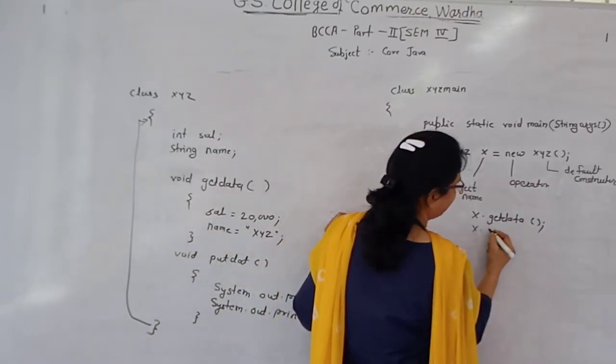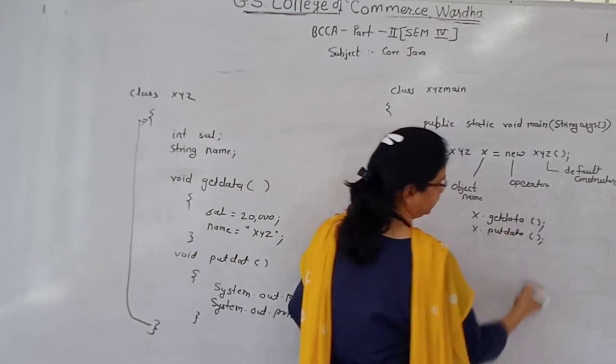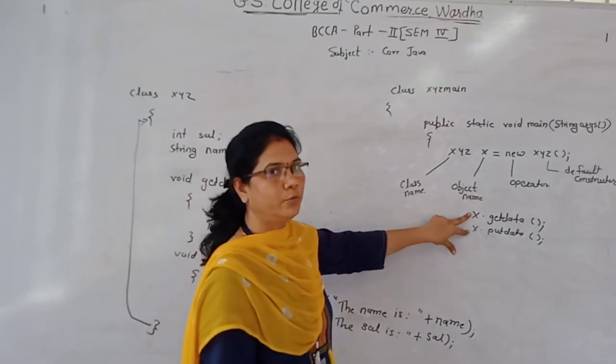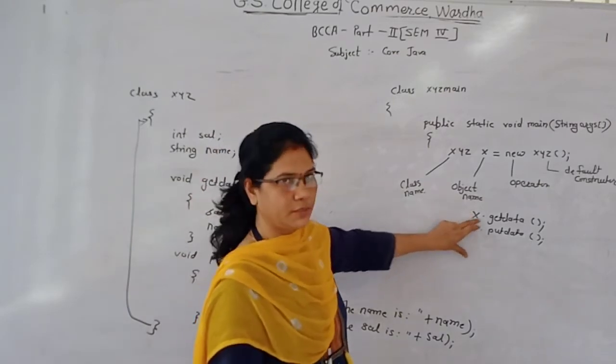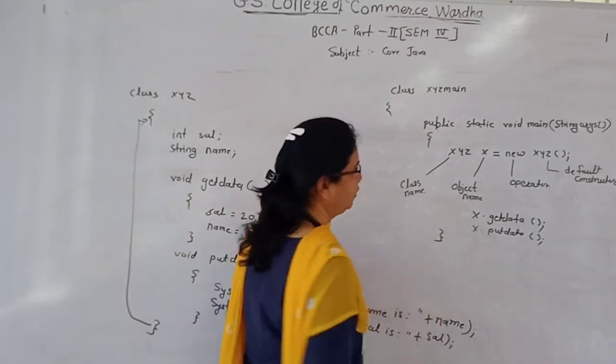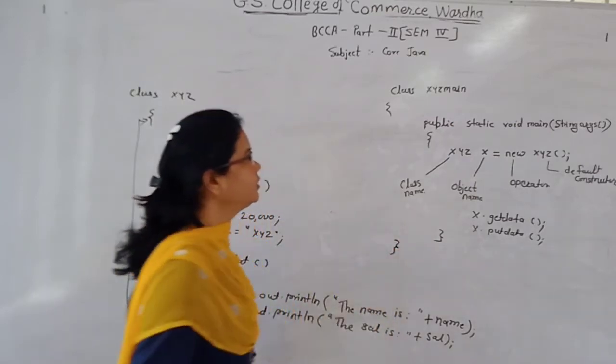After that, x dot put data. Here we are calling two functions with the help of the object, get data and put data. Then our main function is closed and our second class is closed.